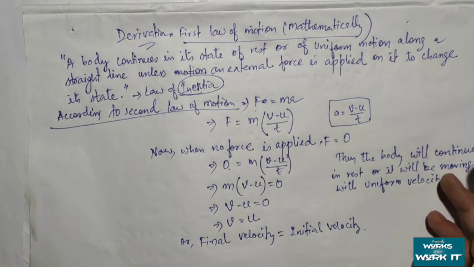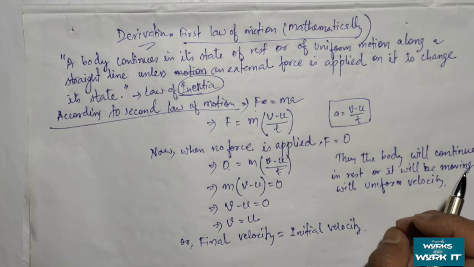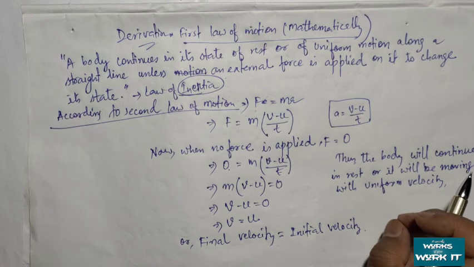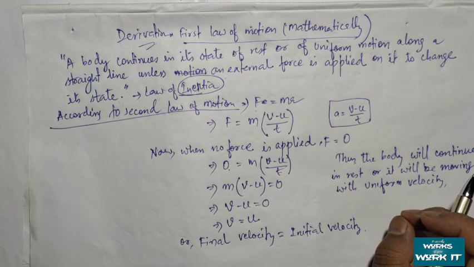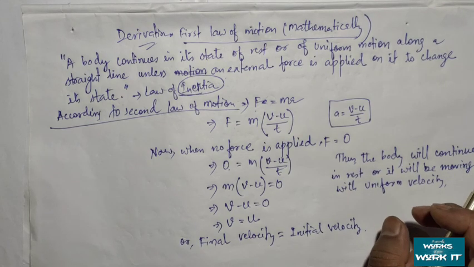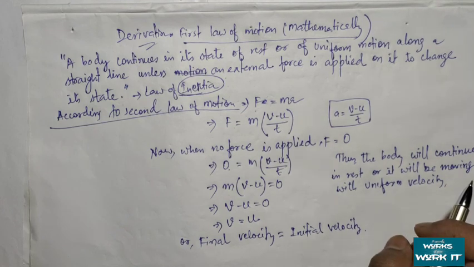Thus our first law of motion has been proved: unless an external force is applied on the object, the body will not move from its own position. It will continue moving with a uniform velocity, or it will stay in the position of rest. I hope you have understood the two laws of motion.